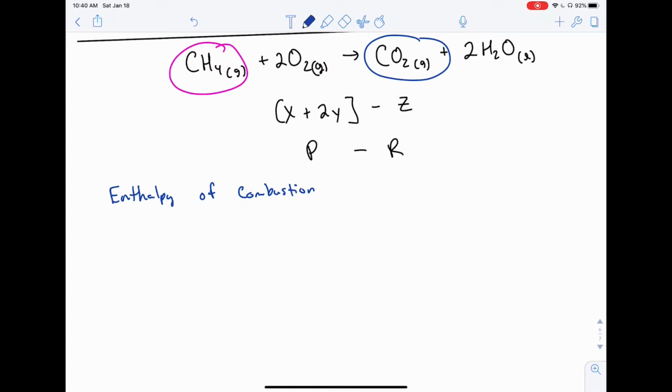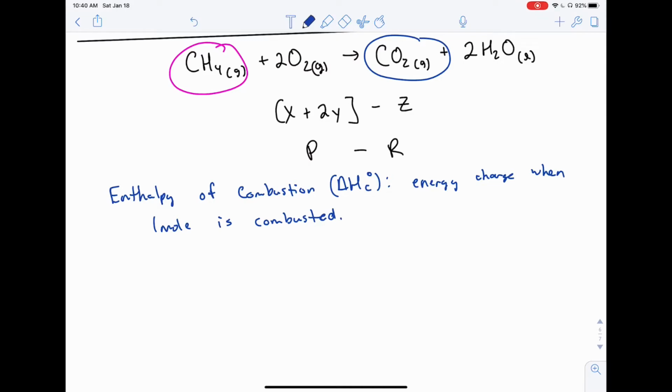Okay, enthalpy of combustion, really quickly. It is delta HC. Enthalpy of combustion is the energy change when 1 mole is combusted.